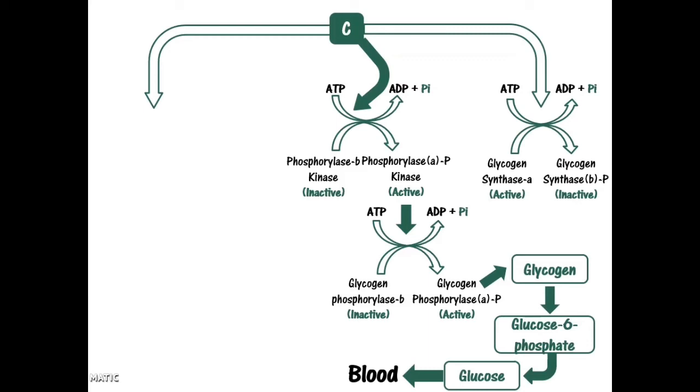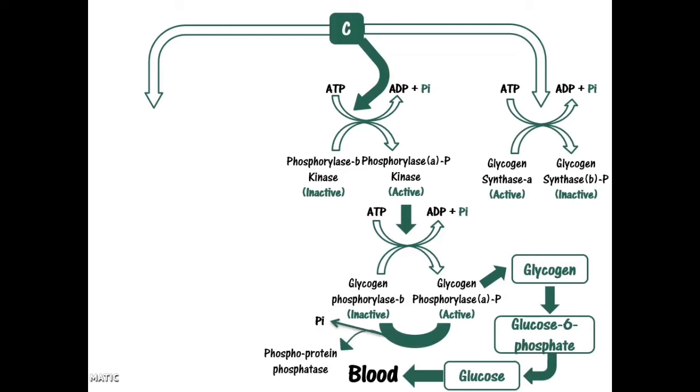So, if you want to sum up the activation of glycogenolysis, first, we should ensure that glycogenesis is inactivated by adding a phosphate group on glycogen synthase, inactivating it, and by phosphorylating the glycogen phosphorylase for activating glycogenolysis, which means the activation of glycogenolysis depends solely on phosphorylations.